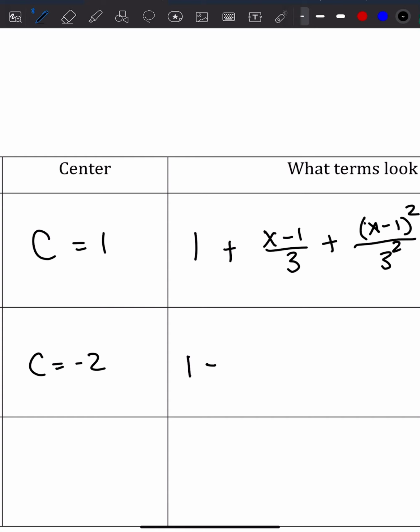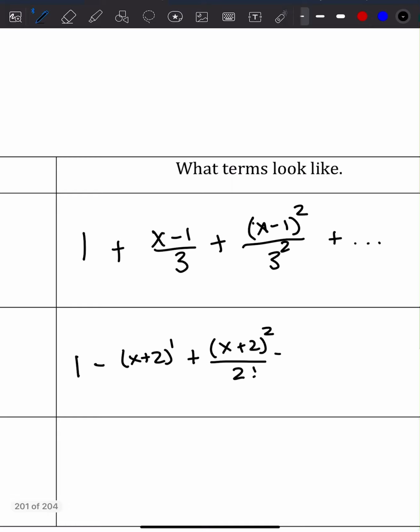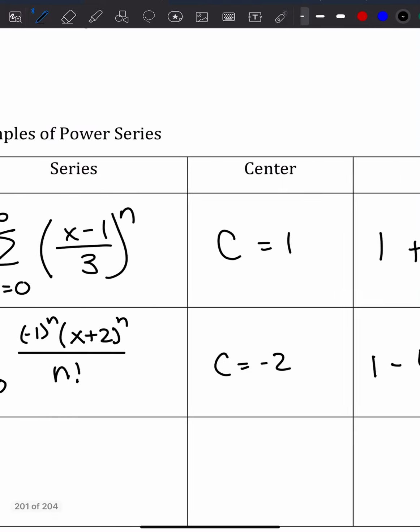So we have x plus 2 to the first power divided by 1. And then it's alternating, so I know the next one's going to be positive. So we have x plus 2 squared divided by 2 factorial, which in this case would just be 2. And then we keep going on forever.